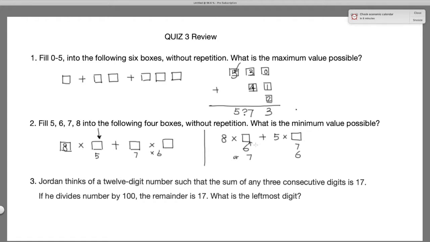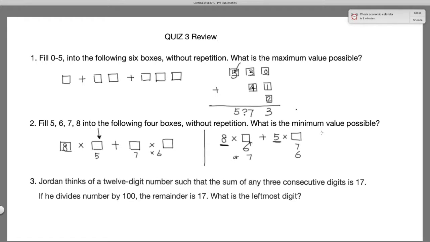Now, of course, you can just plug in and see which one gives you a smaller value. And the idea is, clearly, if this number is bigger than this number, I want to choose a smaller value put here and a bigger value to pair with the smaller value to give you a smaller total sum.